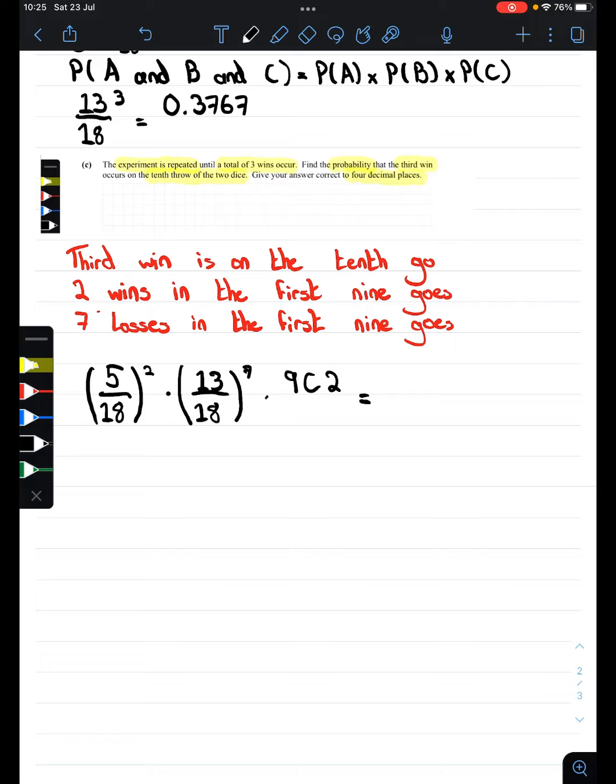So that whole thing is 5 over 18 squared by 13 over 18 to the 7 by 9 choose 2. And that is 0.2847.